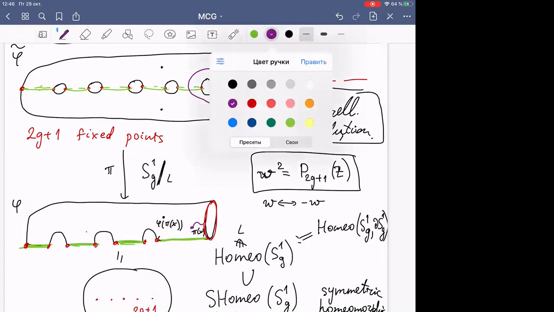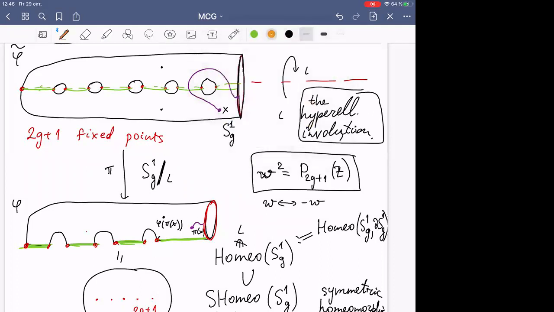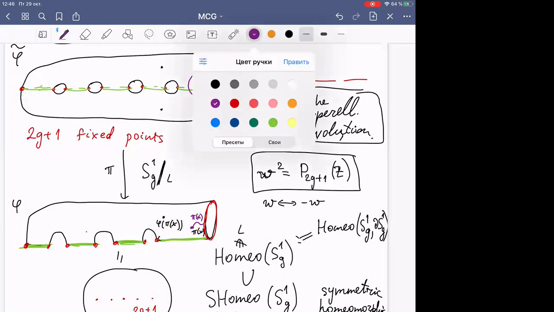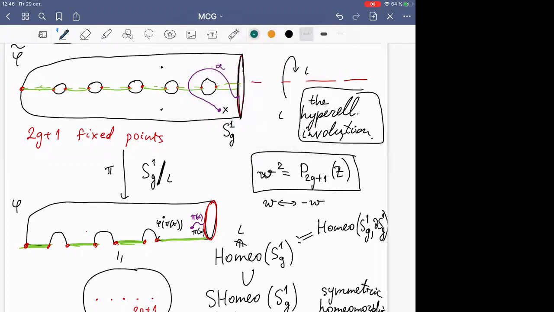Here this arc is alpha, this arc is pi of alpha. Now I apply the homeomorphism phi, and I get some arc phi of pi of alpha, which leads to this point phi of pi of x.